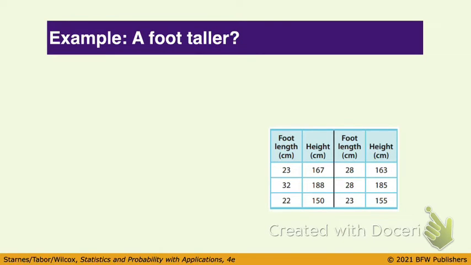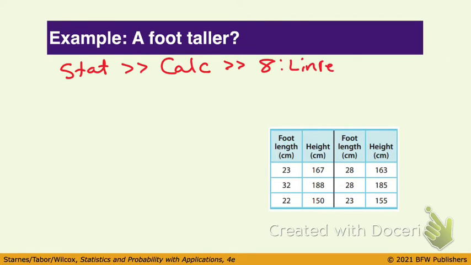Got your data in? All right, once your data is in, you're going to hit Stat, hit the right arrow over to Calc, and you want number 8, the one that says LinReg a plus bx. For those of you who don't have the updated calculators, you need to make sure you put L1 and L2.